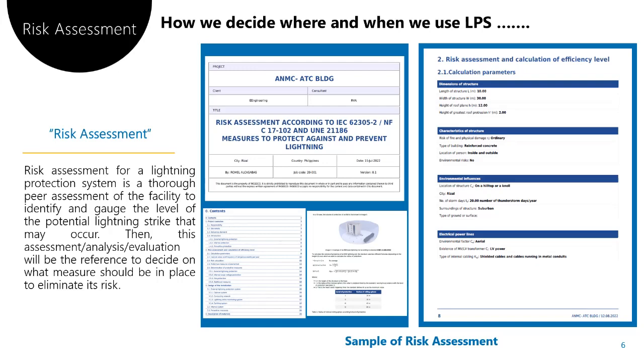This assessment will then be a reference to guide what measures should be in place to eliminate the risk. In every risk assessment, even one for an arc flash, an electrical system, or an industrial workplace, the main reason we do it is to eliminate the risk.